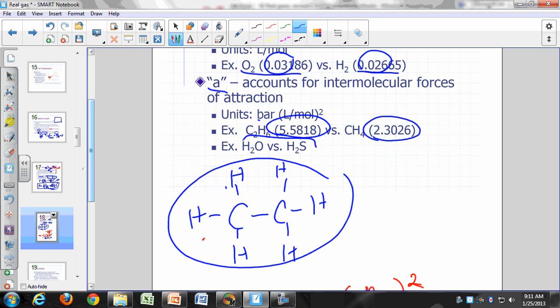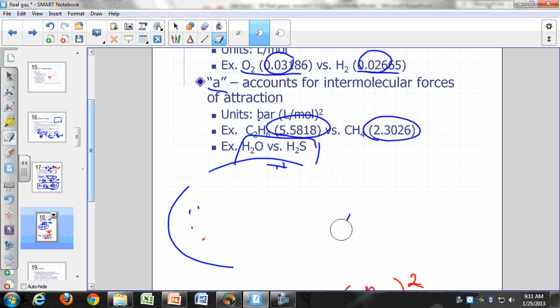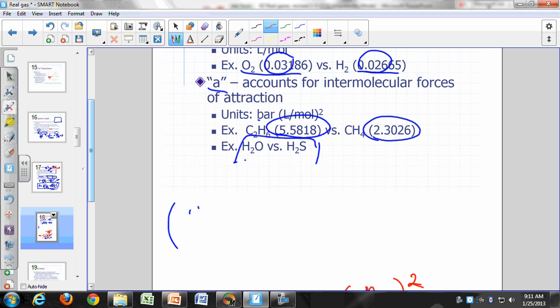How about H2O versus H2S? Which one do you think is going to have a larger A value? Which one is larger, going down the periodic table, oxygen versus sulfur? What happens to the size? This one would have a larger size, right?